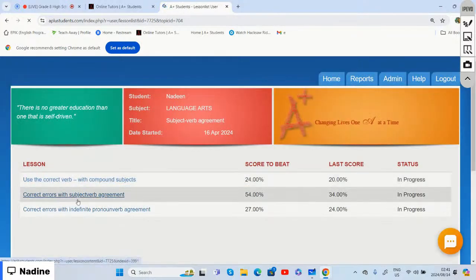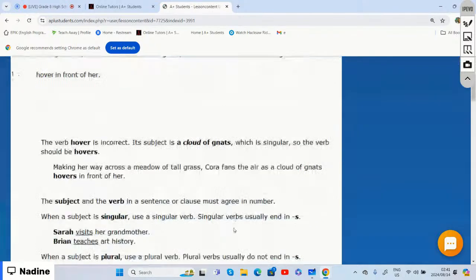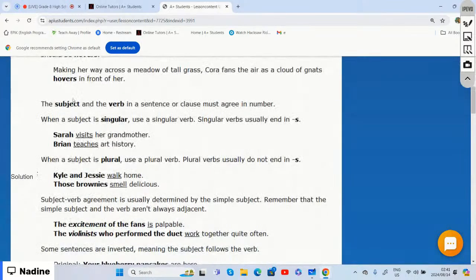So now we're going to correct errors with subject verb agreement. The subject and the verb in a sentence or clause must agree in number.